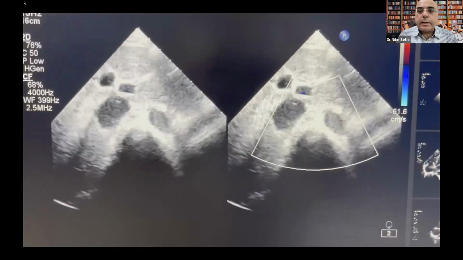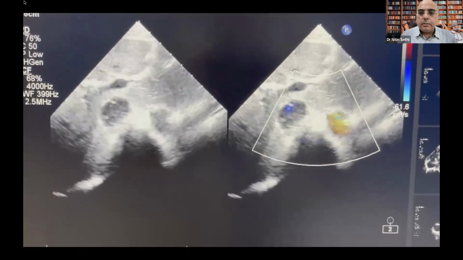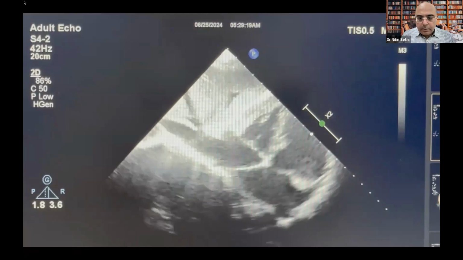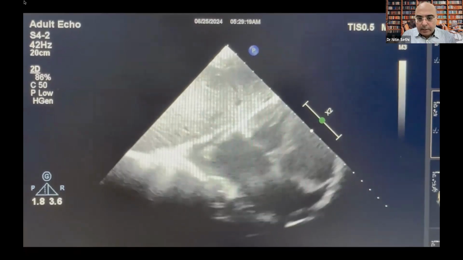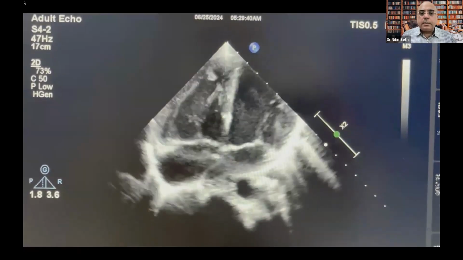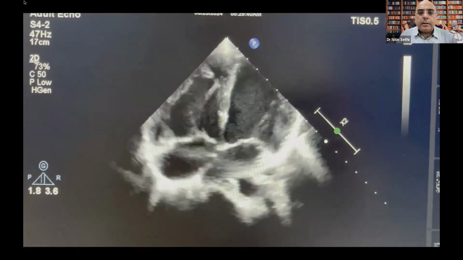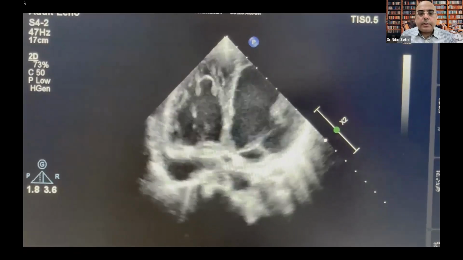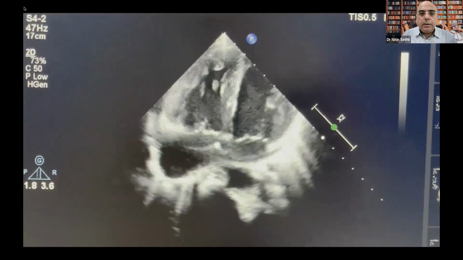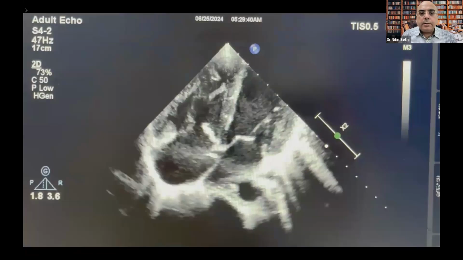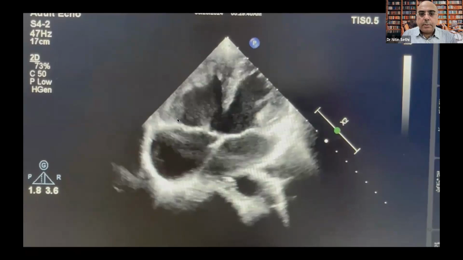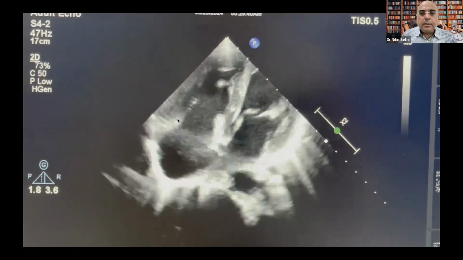This is the first view showing situs solitus. This is the second view showing levocardia, and also an intact interatrial septum. This is an apical 4-chamber view showing atrioventricular concordance and a large muscular VSD.